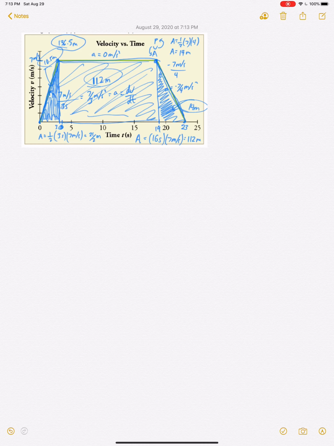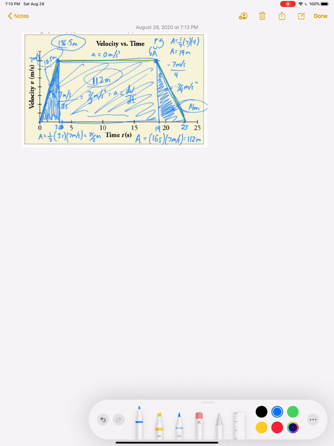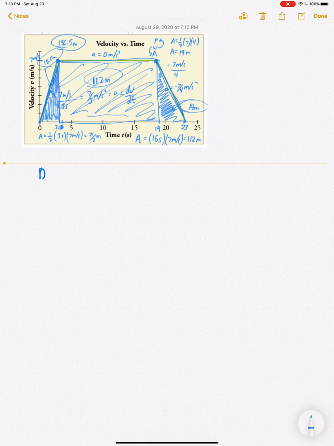Okay, so the next thing that we need to talk about is how to write this. The distance traveled for our time interval can actually be written from 0 to 23, the absolute value of the velocity graph.